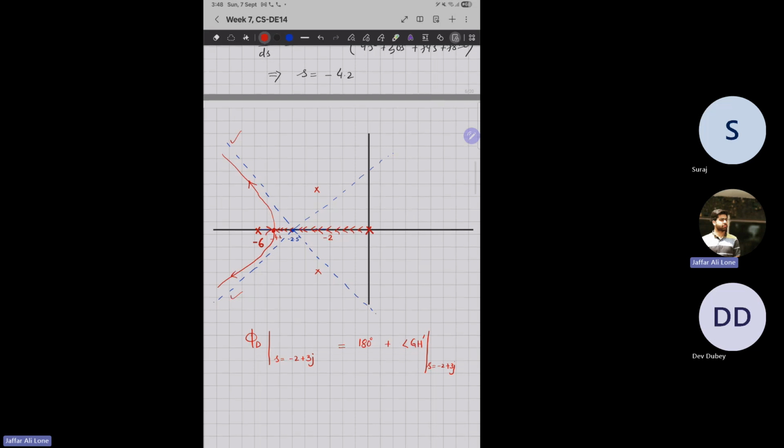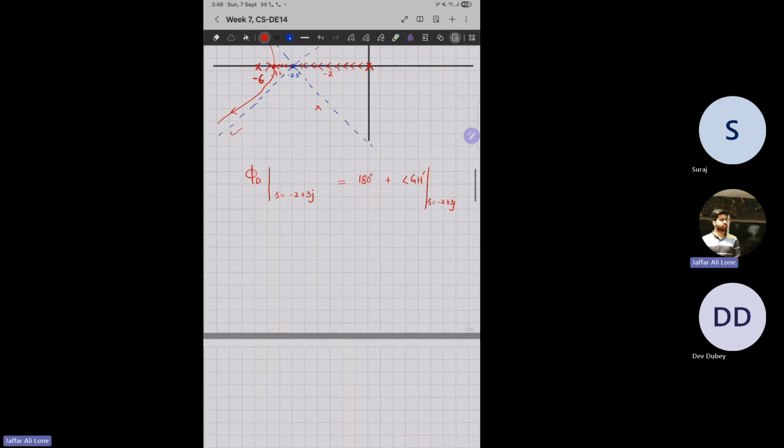So now let's do it. What was our transfer function? We need to find GH dash, which will be given by K into S plus 6. Now we have to remove this part, so I will get S plus 2 plus 3j.